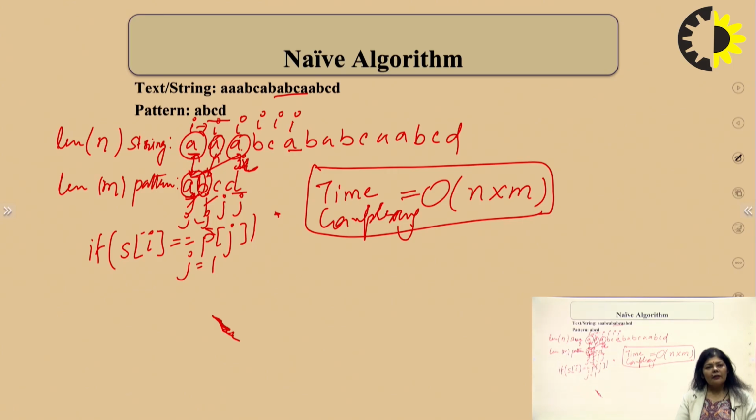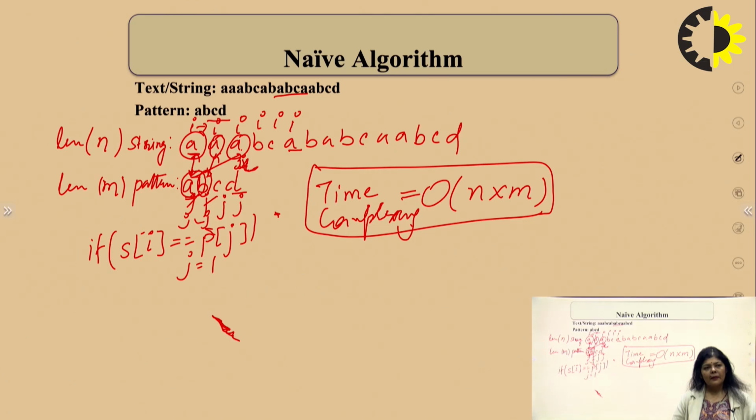Now, how can we improve the time complexity of the naive algorithm? We have already identified why the naive algorithm takes so much time: it takes multiple passes over the given string or text. If we are able to reduce the number of passes over the text, then the time complexity could be improved.